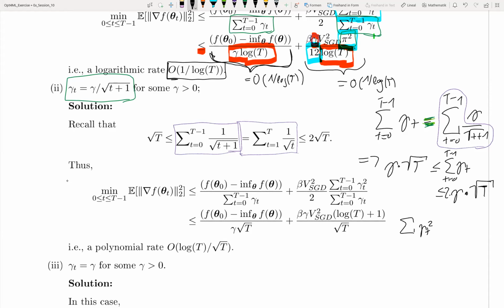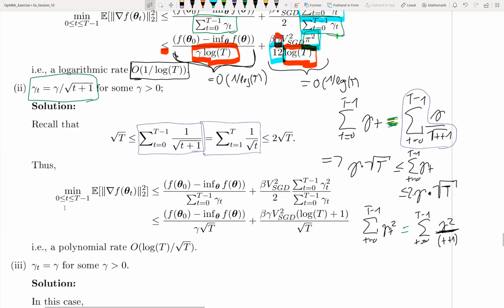When we do squaring, what can we say about that with this choice? With this choice, our series is gamma squared over t plus 1, right? And from above, we already analyzed what this will be.